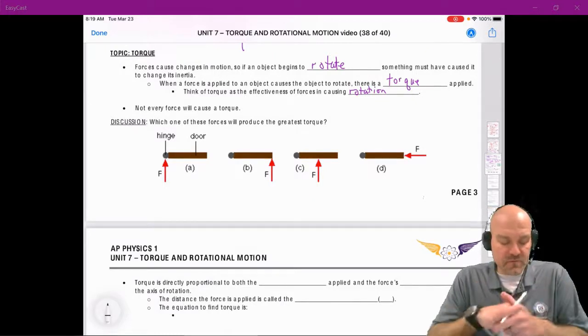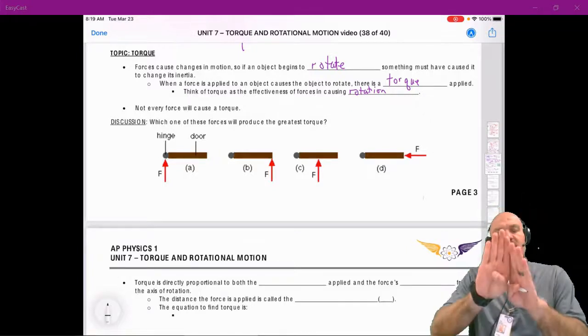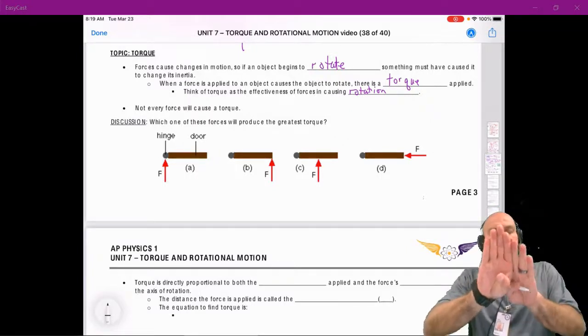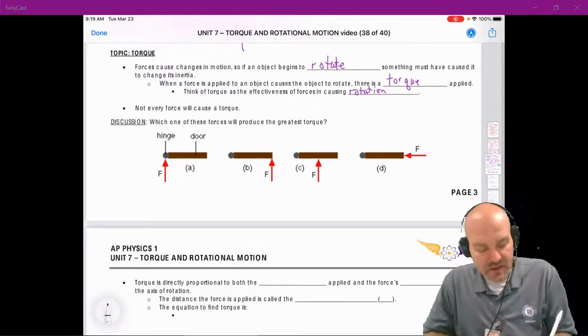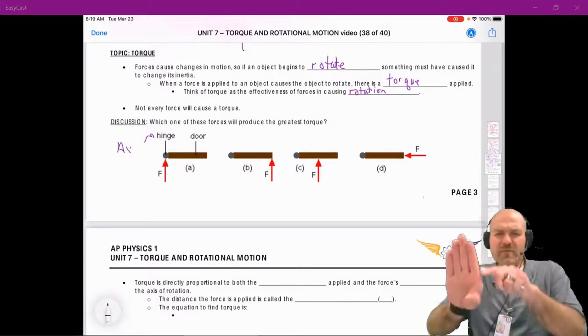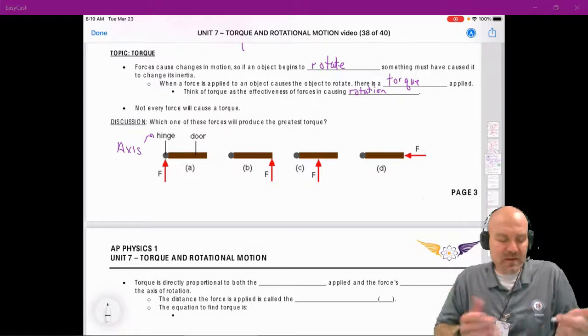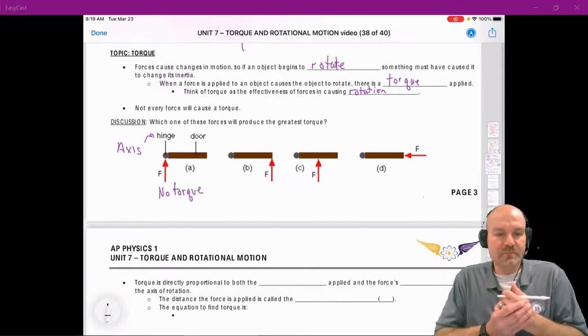If you look at the first one, situation A, we're applying a force at the hinge. If this is my hinge and I'm doing this, it's not going to rotate. The hinge is our axis, and if we're applying force right on the axis, it's not going to cause rotation, so there's no torque applied.